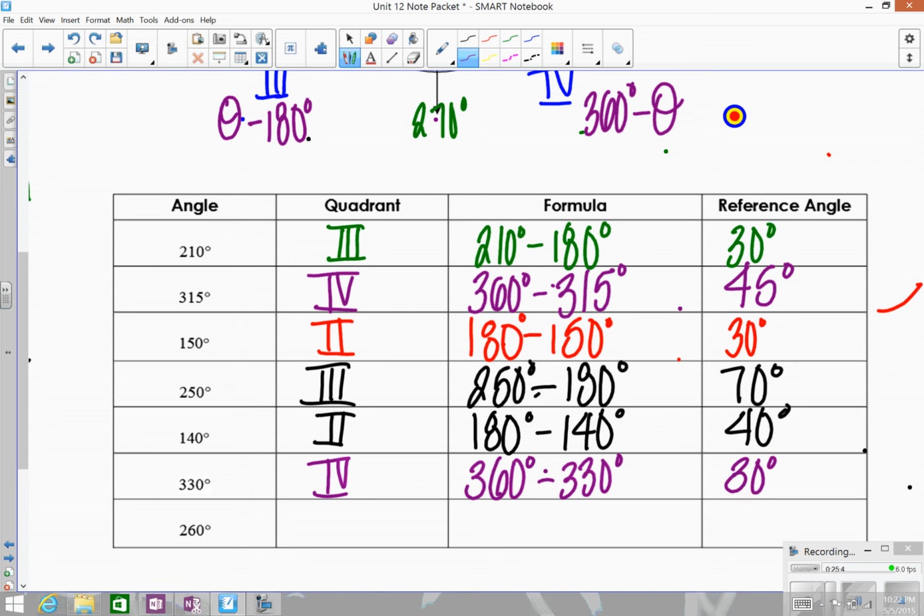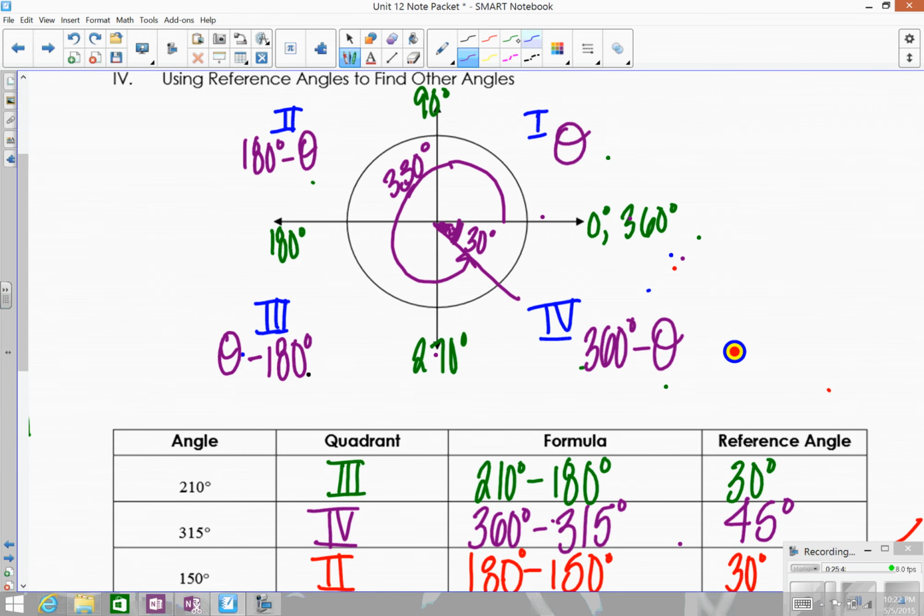Again, you could use these formulas though. And then the last one here, 260. So if I go around to 260, it'll be just short of 270. And your reference angle is always the angle that touches the horizontal axis. So this angle is going to be my 260.